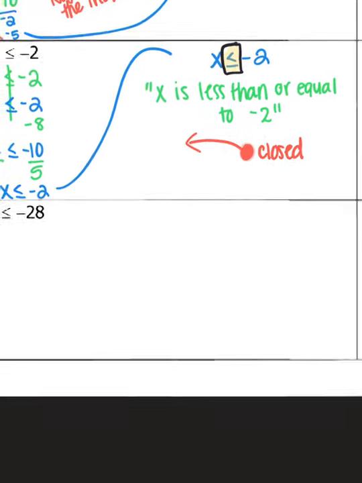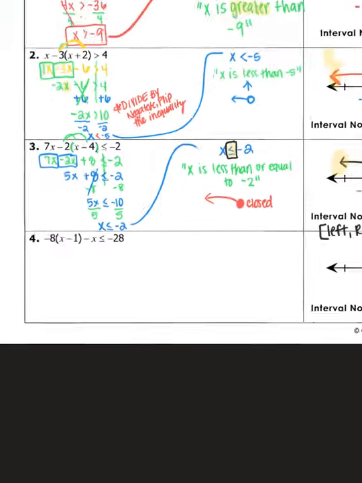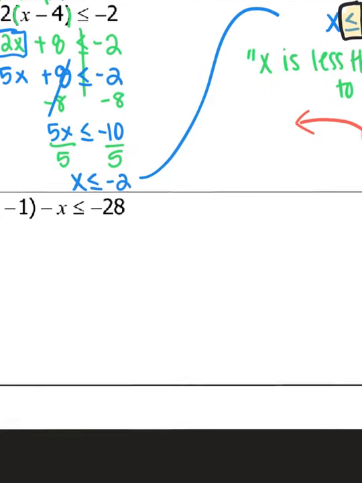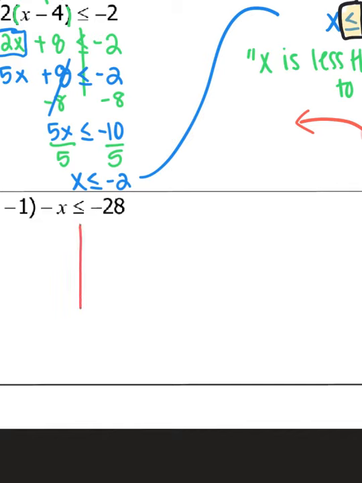All right, let's look at number 4. All right, so we're going to start by distributing because there are these parentheses here. So negative 8 times x is negative 8x. Negative 8 times negative 1 is positive 8. Bring down the x, less than or equal to negative 28.